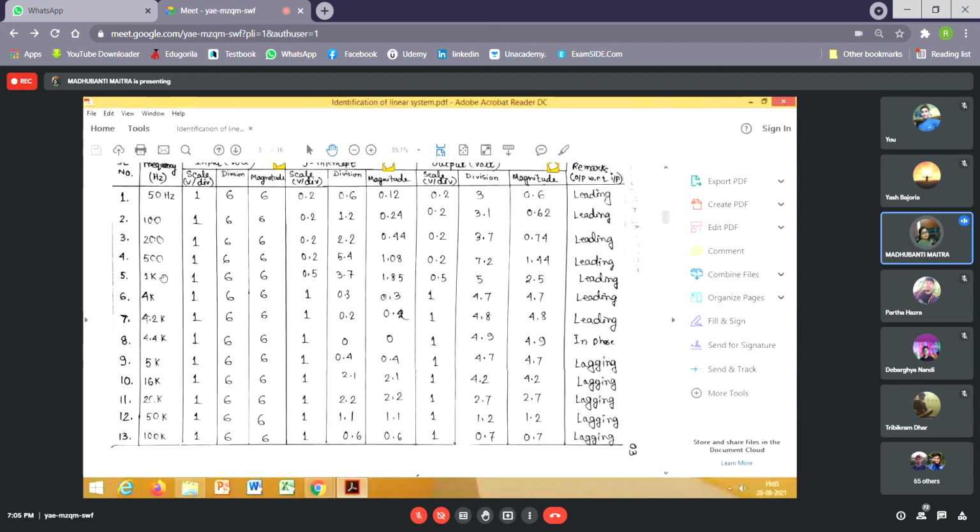Next one is 1 kilohertz. Next one is 4 kilohertz, and so on. Done?